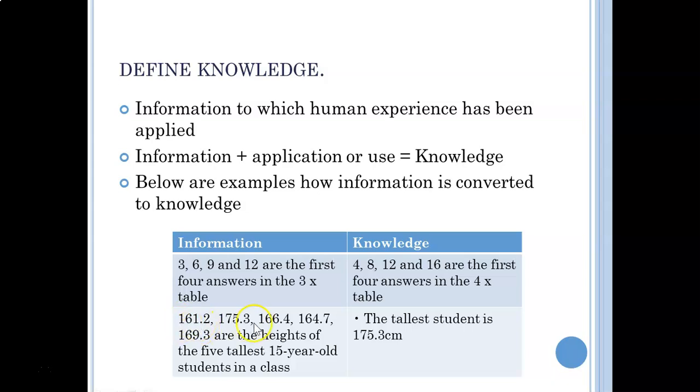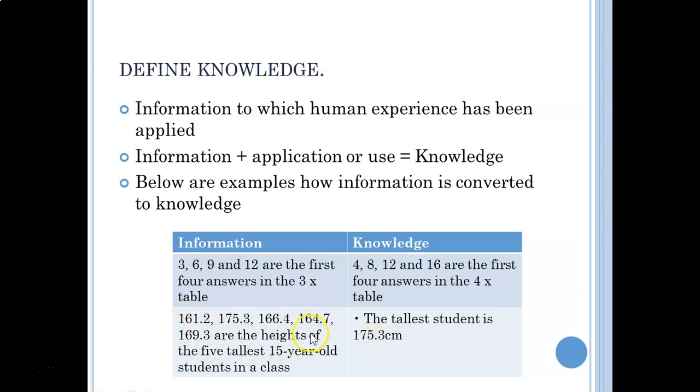Let's say, for example, you're given heights of students. So we're given these values, 161.2, 175.3, etc., etc. Let's say they're the heights of the 5 tallest 15-year-old students in a class. Then what we can do, we can use this information, and by applying it or using it, we can get to the answer that the tallest student is 175.3.